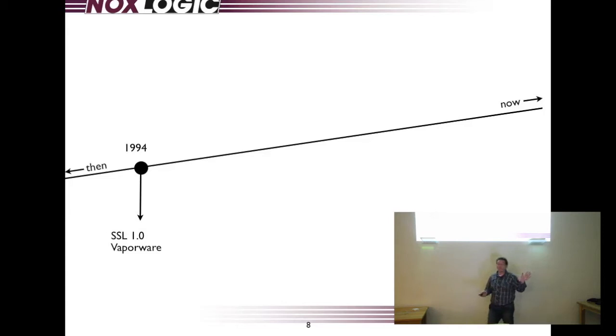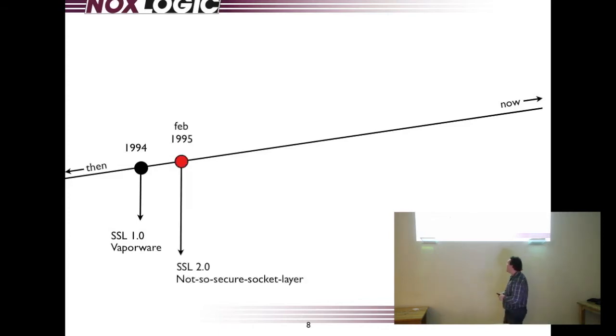Raise your hand. It's possible. There was SSL 1.0 that was created by Netscape. We all maybe know Netscape. That is vaporware. It never has been released. Considering what comes next, that is actually a good thing because that would be really, really bad code.